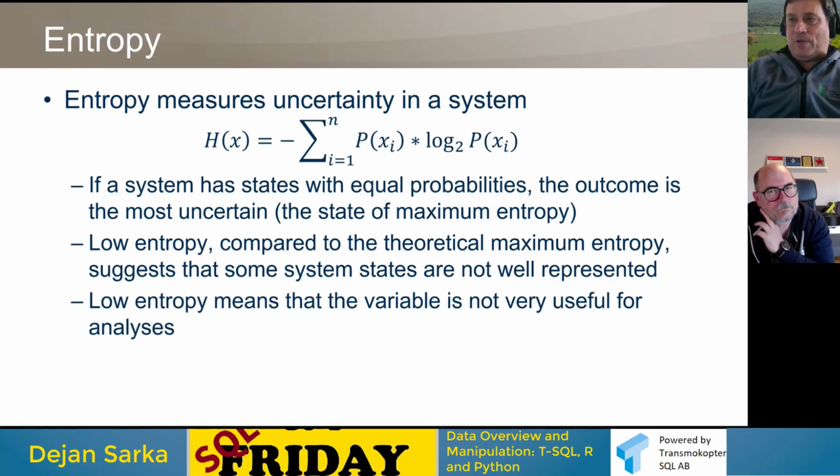If I have 90% blue products, I will bet on blue, and I will be surprised in 10% of cases. If I have a 50-50 distribution, no matter on which color I bet, let's say on blue, I will be surprised in 50% of cases. If I have, say, 30% blue and 70% red, I will bet on red, and I will be surprised in 30% of cases only. So you see, the maximal possible surprise is when I have 50-50.